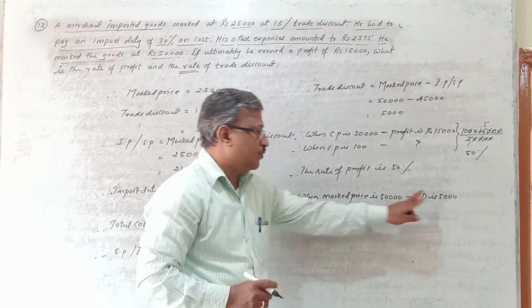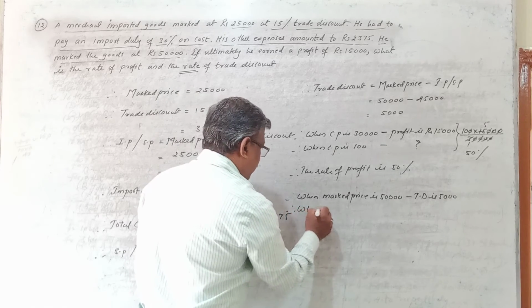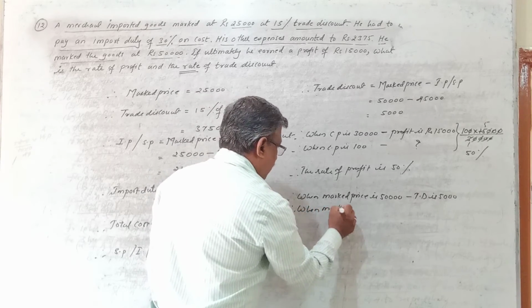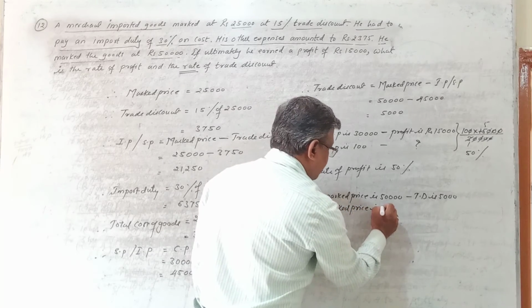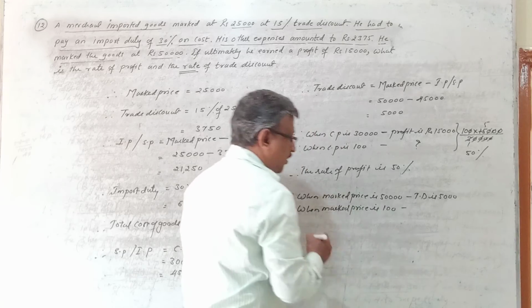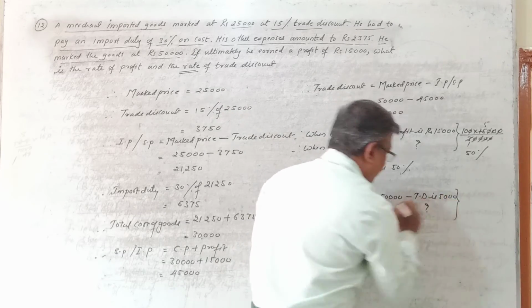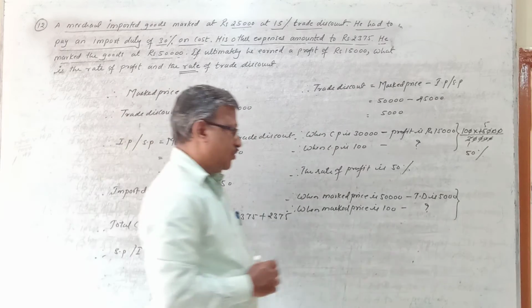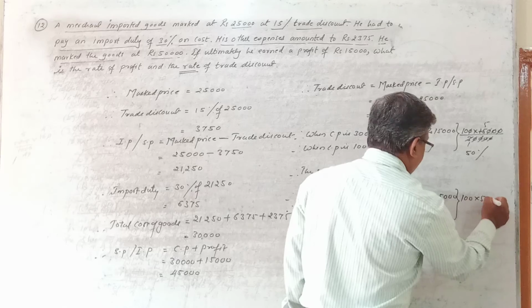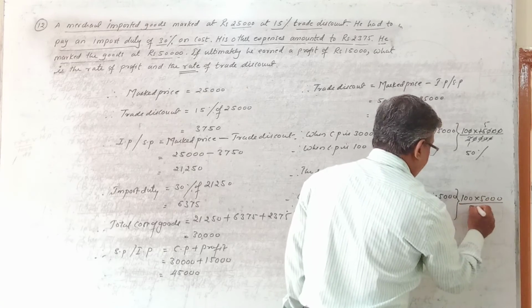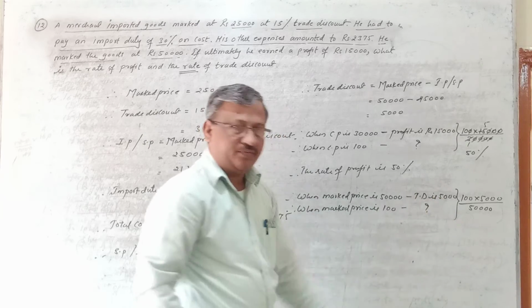So when my market price is rupees 100, what would have been the rate of trade discount? Trade discount is 100 into 5,000, divided by 50,000.